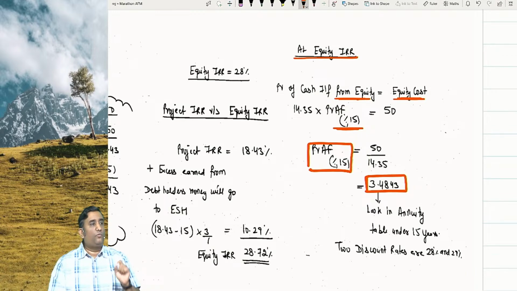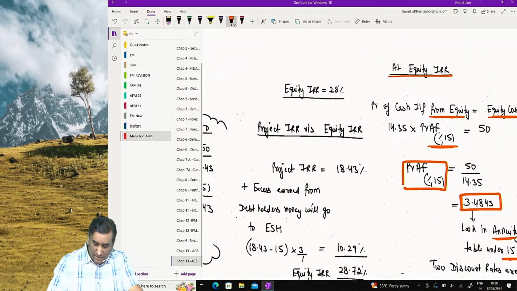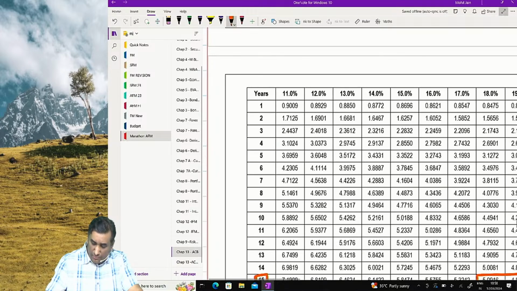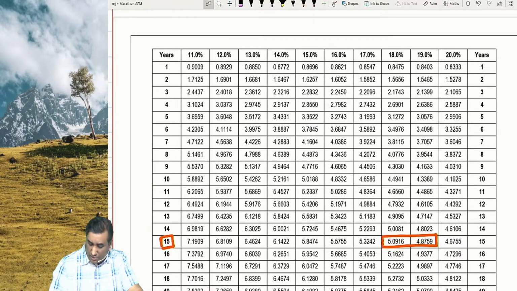That means I want to find such rate whose sum of 15 years should be equal to 3.4843 something. Look in annuity table under how many years? 15 years. So we do the same exercise, 3.48 approximately. Under 14, till 20 it is not there.